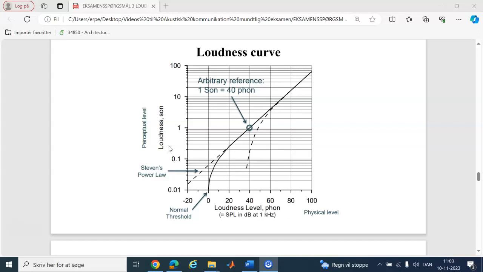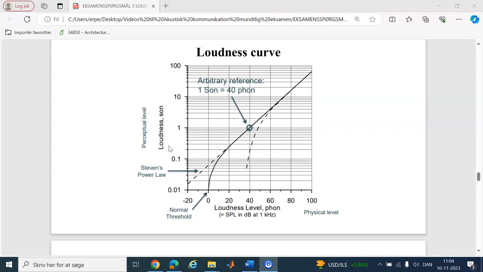For loudness in sones, you use Stevens' power law. You can say the loudness is 2 raised to the level minus 40 divided by 10.